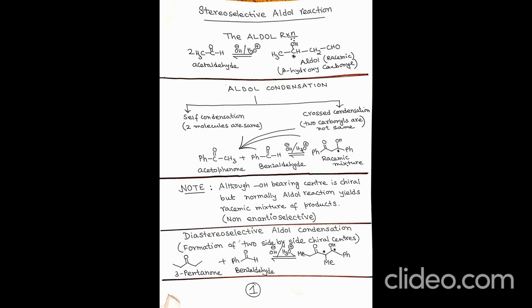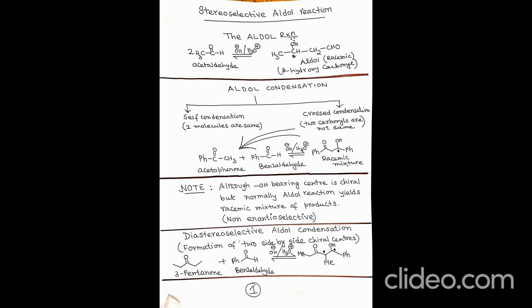Now, as we know, aldol condensation can be of two types depending on the two components. If the two components are identical, then that is called the self aldol condensation, and when we condense two different carbonyl compounds, then that is called the crossed aldol condensation.